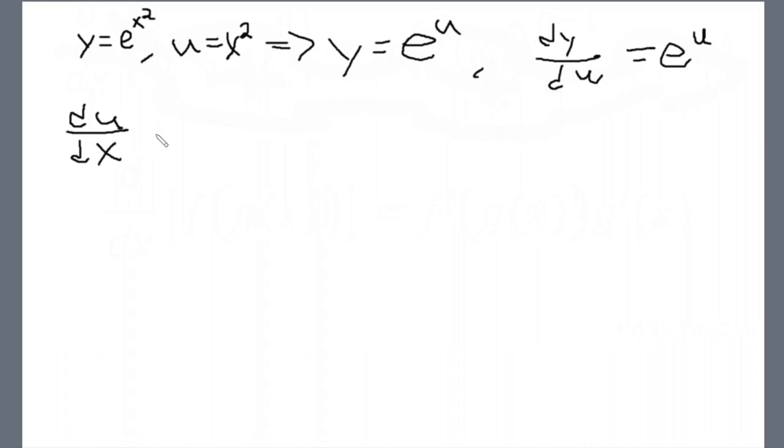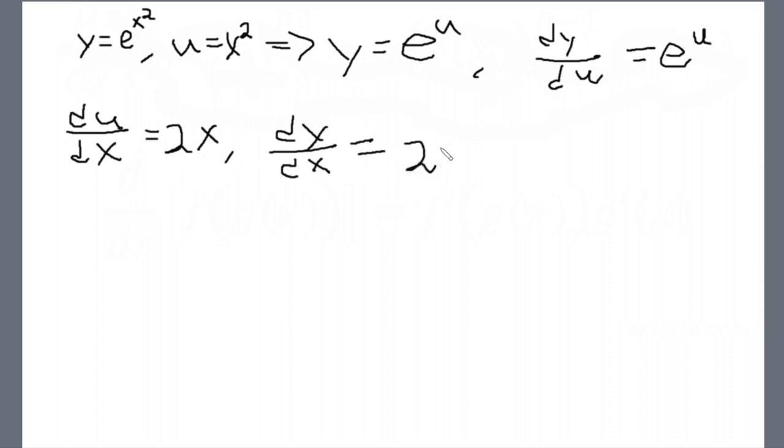Since the derivative of x squared is 2x, du/dx equals 2x. To find dy/dx, we can just multiply dy/du with du/dx. So we'll end up getting 2x times e to the u. And u is x squared, so dy/dx equals 2x e to the x squared.